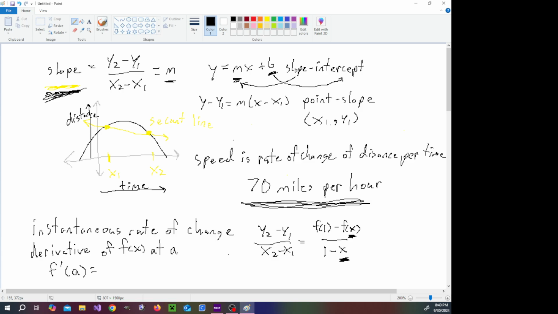F prime of a, the derivative of f at a, instantaneous rate of change of f at a, is the limit as x goes to a of, we're going to do a minus x on bottom for our x values, and then on top, f of a minus f of x.